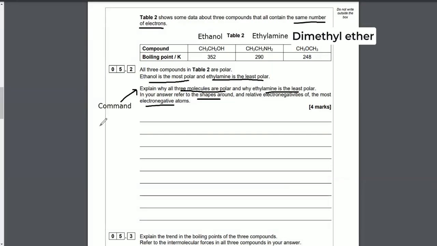Well, hopefully you can see, if you're ethanol, you've got the electronegative oxygen and the positive carbon and hydrogen. Ethylamine has the electronegative nitrogen, and then these hydrogens are going to be left delta positive and the carbon delta positive.